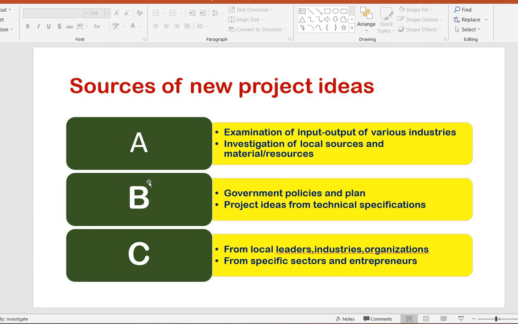Secondly, investigation of local sources and material or resources.